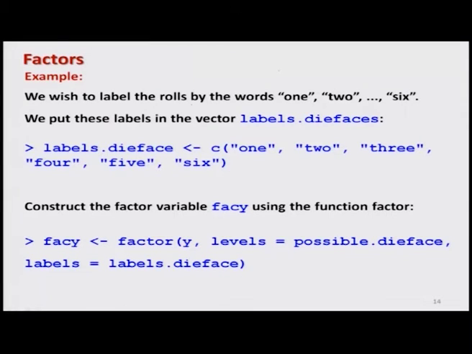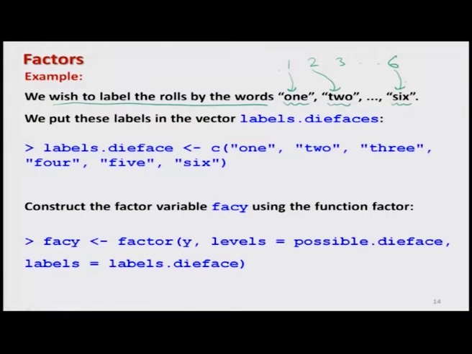Now, suppose we wish to label the rolls of the die, which are actually 1, 2, 3, 4 up to 6, by words, by character strings like ONE1, TWO2 and up to SIX6. So, this one is indicating this 1, this 2 is indicating this 2, and up to here this 6 is indicating this 6.